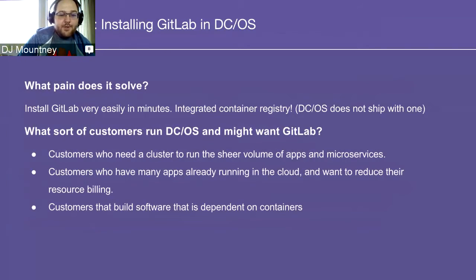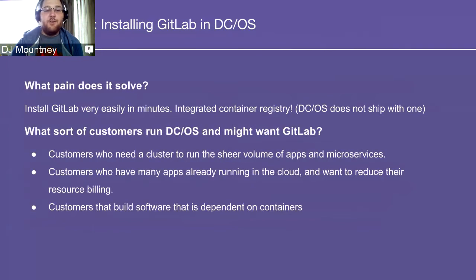So what sort of customers run DCOS and might want GitLab? Customers who need a cluster to run the sheer volume of apps and microservices they have. An example of who isn't running DCOS, but has this volume of apps and microservices, would be a customer like eBay, where developers tend to work on their own individual apps, and those apps are each responsible for one piece of the website, essentially.